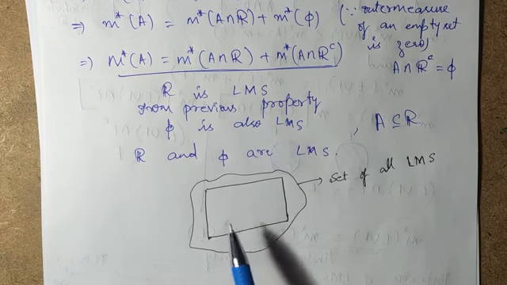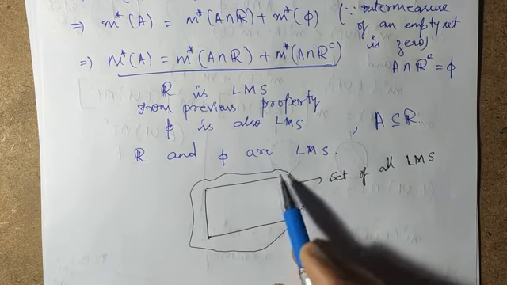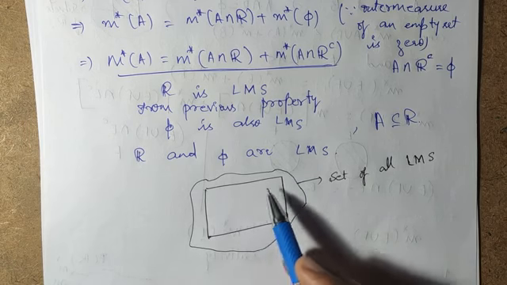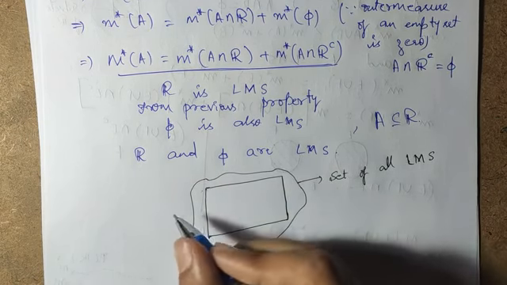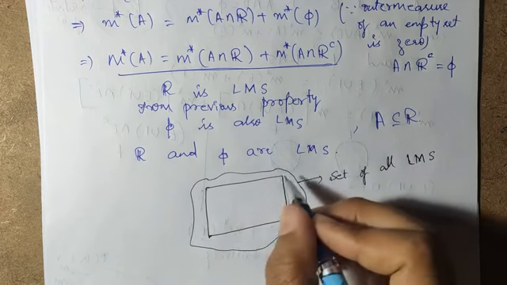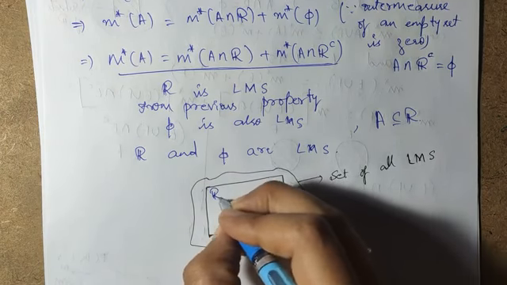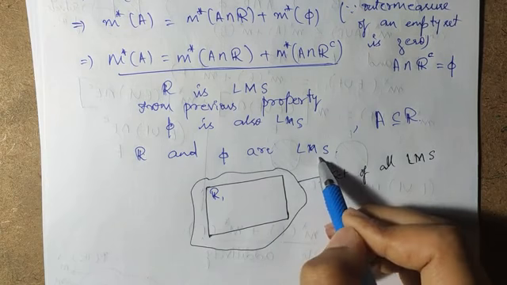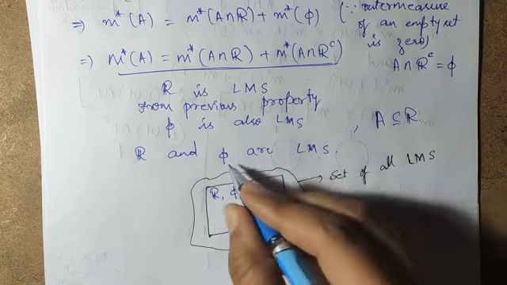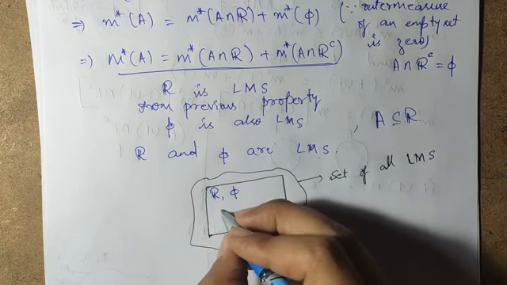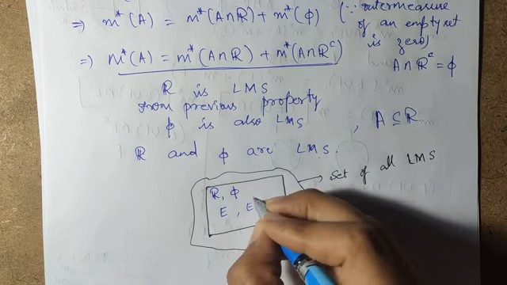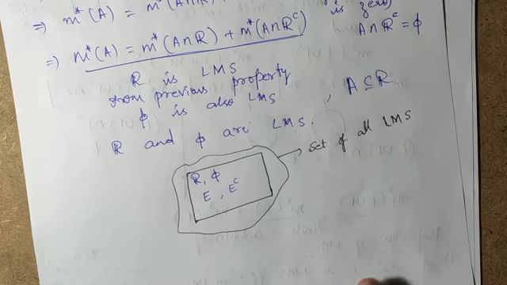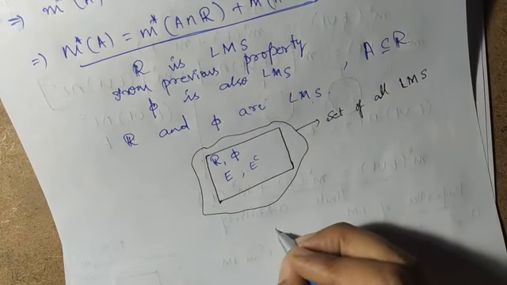So now you have this situation. This is the set of all Lebesgue measurable sets. Inside this there is one box, consider like that for a better understanding. Inside this box you have R. Since R is Lebesgue measurable set, you have the empty set. The empty set is also Lebesgue measurable set. And if any set E is there, its complement is also there in this box. Okay, so I can write like this.